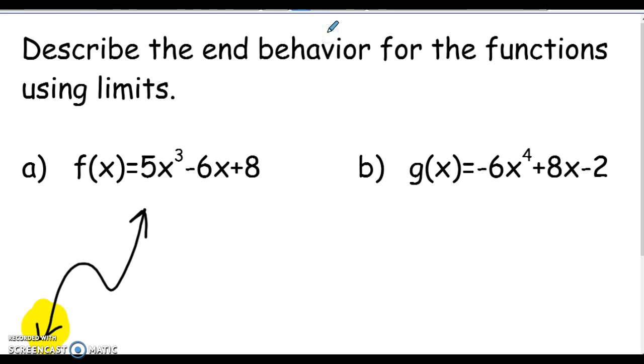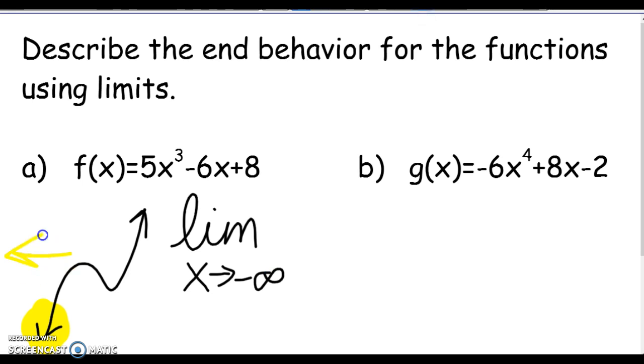And so what I'm looking for is, what is the limit as x approaches negative infinity? I always write it in cursive. I don't know why. Somebody must have done that when I was a kid. That's how I write it. Limit as x approaches negative infinity. As x is getting smaller and smaller, what is happening to y?